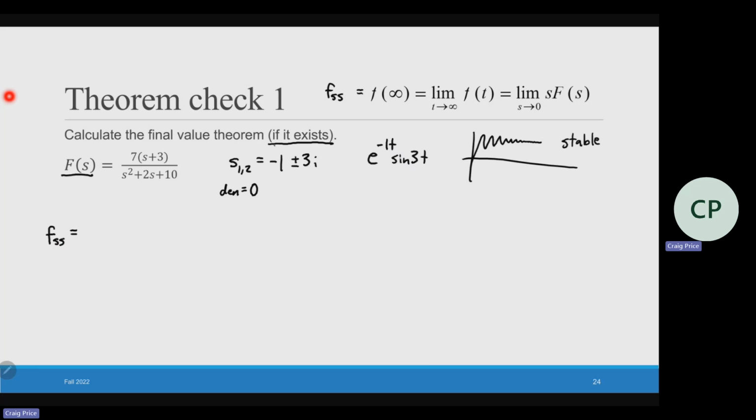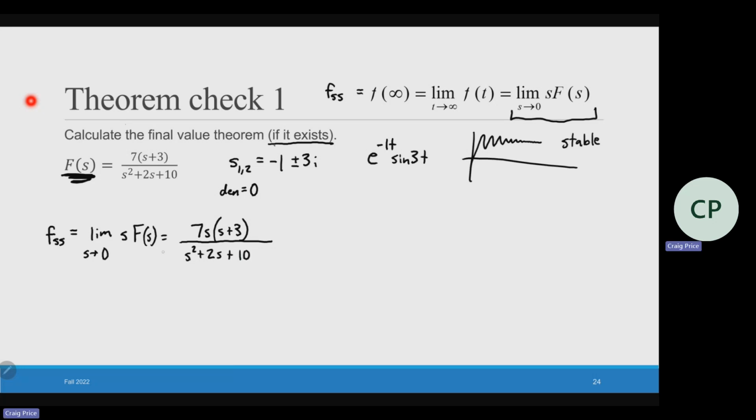Now, because I've got this, I'm going to use this part right here. So we're going to take the limit as s approaches 0 of s times my function. So I get 7s times s plus 3 over s squared plus 2s plus 10.